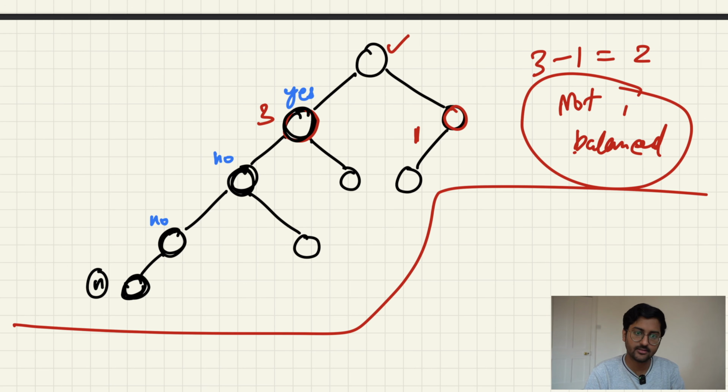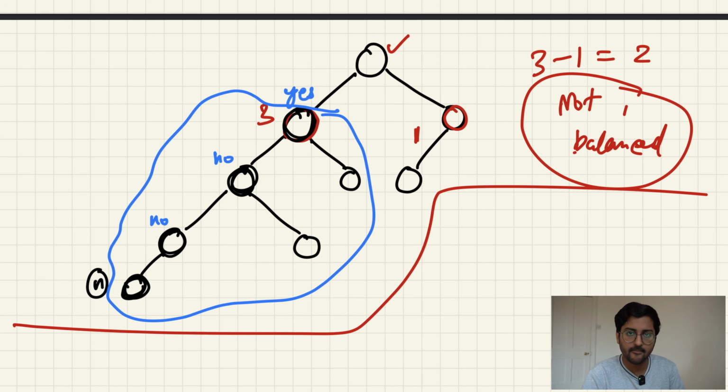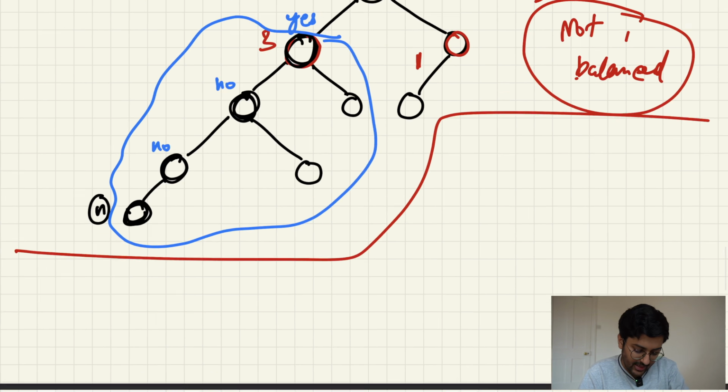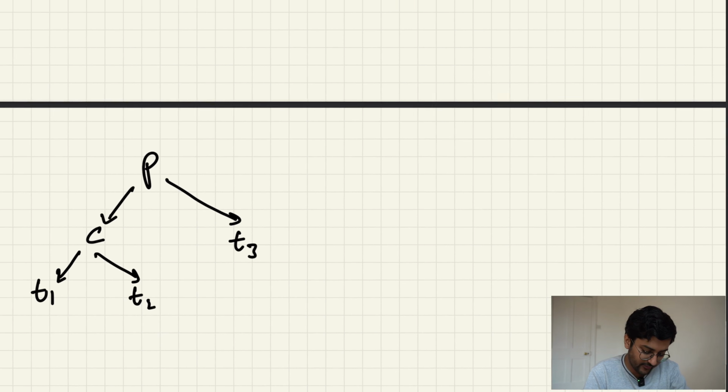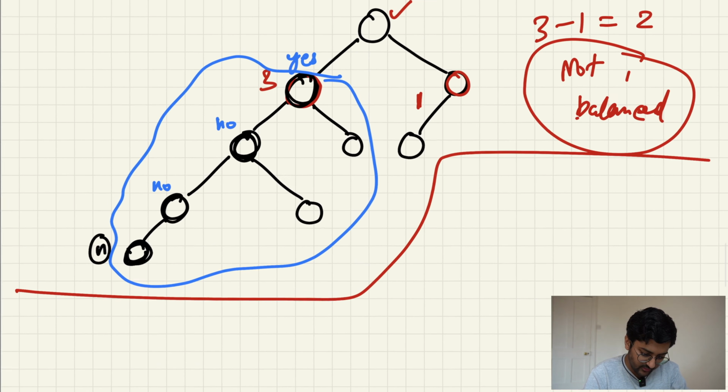This node is unbalanced. So now we will solve this particular subtree before moving more up. That is AVL tree. For every subtree, think only two things you can do. Let's say we have this subtree.